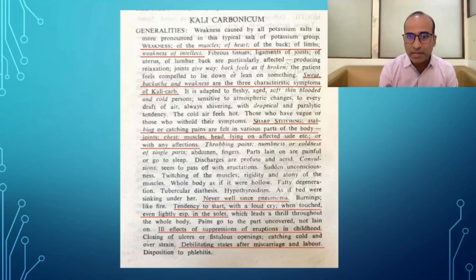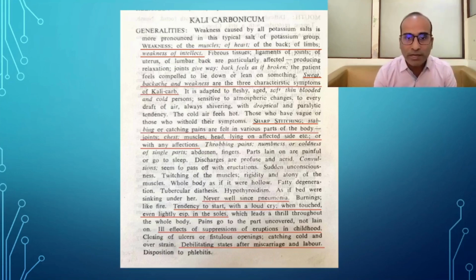It means it is general. In every part of the body you will get the same kind of pain. Whatever may be the affection, kidney, GIT, head, joint, the pain will be stabbing, stitching, sharp pain in Kali Carb. So we got this one more general trait.